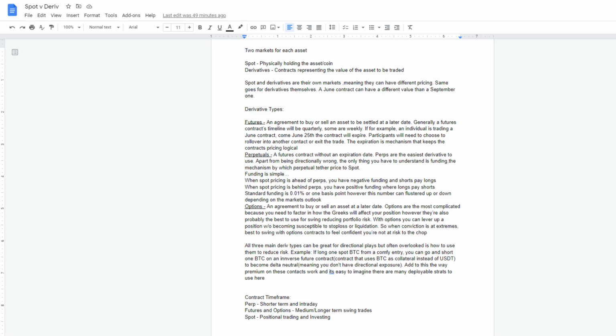So basically, with options, you can lever up without being susceptible to the chop hurting you in the same way, right? If you take a leveraged position on a futures contract and you want to sit in it for 2 months, that price action between entry and exit can really get in the way of you making any money. So with an options contract, you can avoid those types of pitfalls.